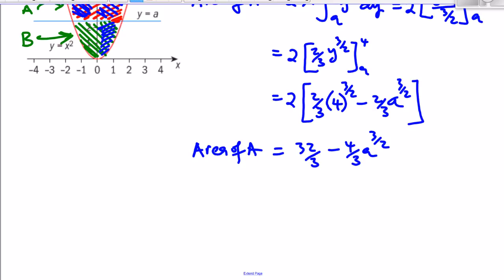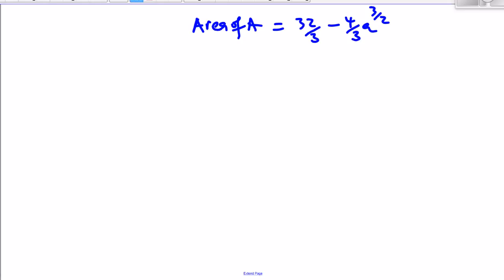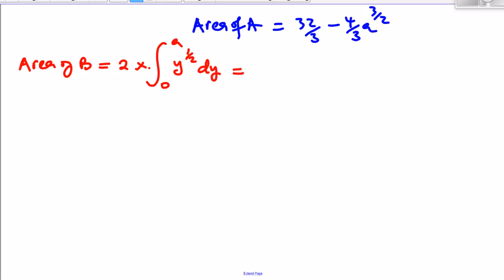Find that, multiply by 2, and I'll end up with the area of B. So area of B will be 2 multiplied by the integral from 0 to a of y to power a half dy, which will give me 2 into bracket 2 over 3 y to power 3 over 2 at 0.